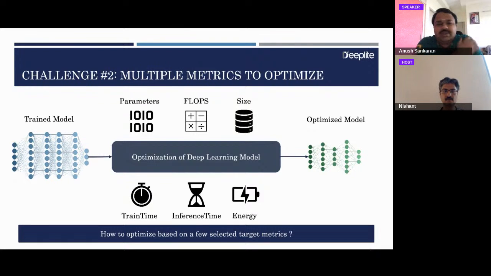First is the number of parameters of the model. Second is the number of computational flops, meaning the number of arithmetic or floating point operations the model is performing. The third is the size of the model, how big or small it is. The fourth and fifth are the training time and the inference time. And the sixth one is the energy consumed by the model.